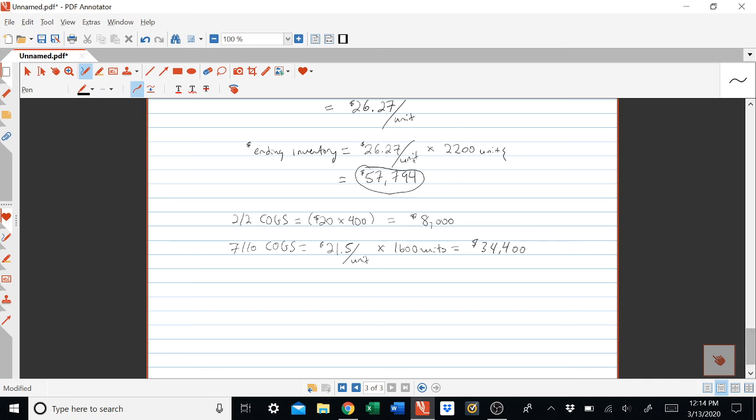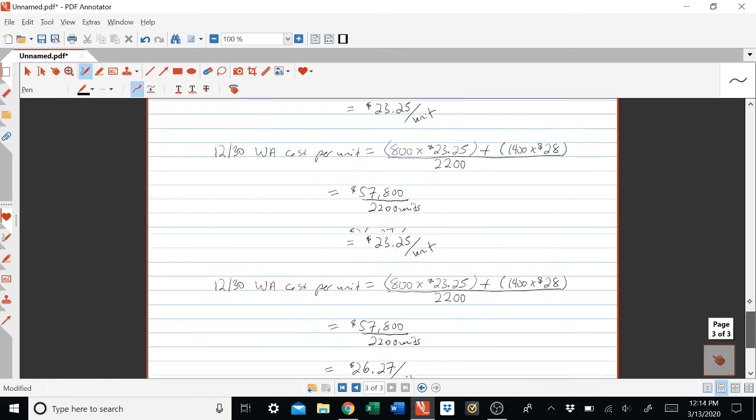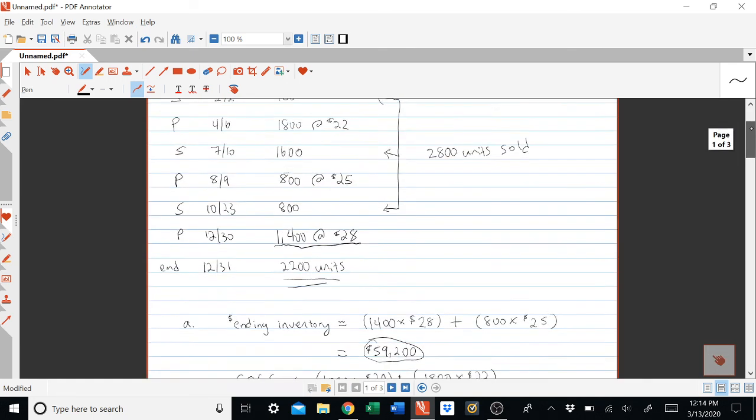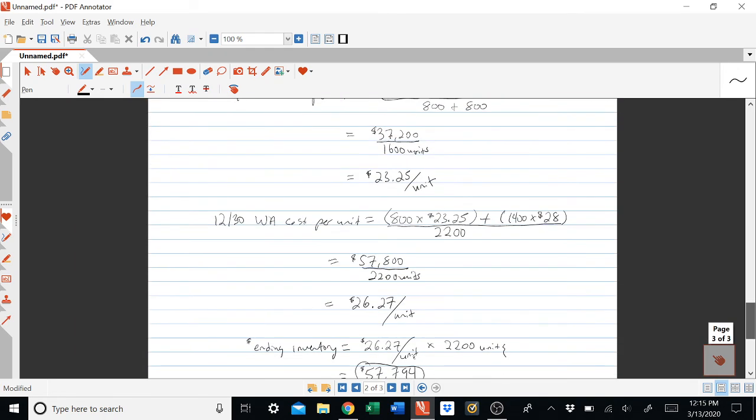And then finally, the October 23rd cost of goods sold. That was our last sale. We sold 800 units. We're going to assume each of those was purchased for whatever the weighted average cost per unit that we calculated as of August 9th. We won't use the 1230 weighted average cost per unit because as of October 23rd, 1230 hasn't happened yet. We're going to be using this August 9th.